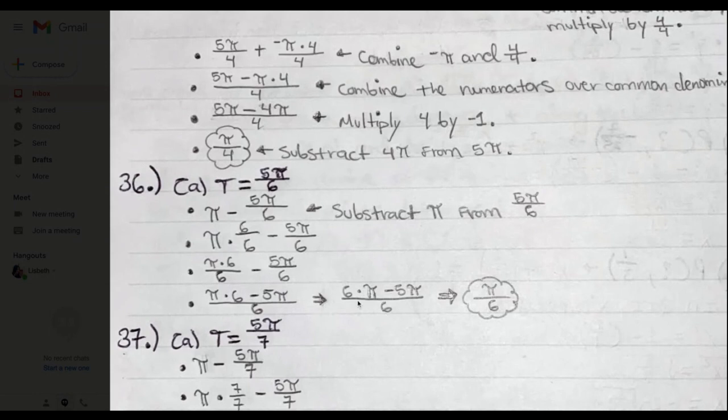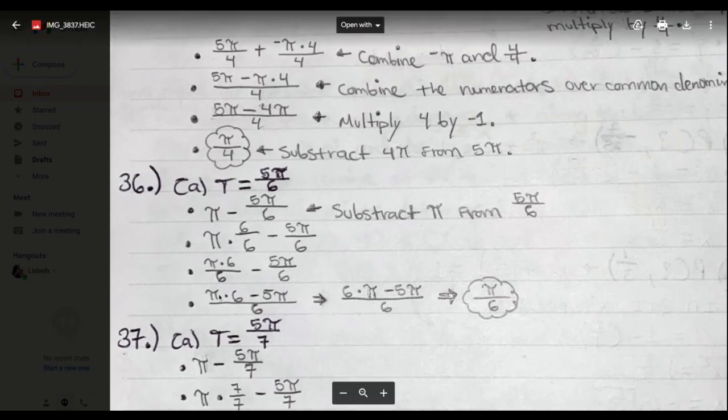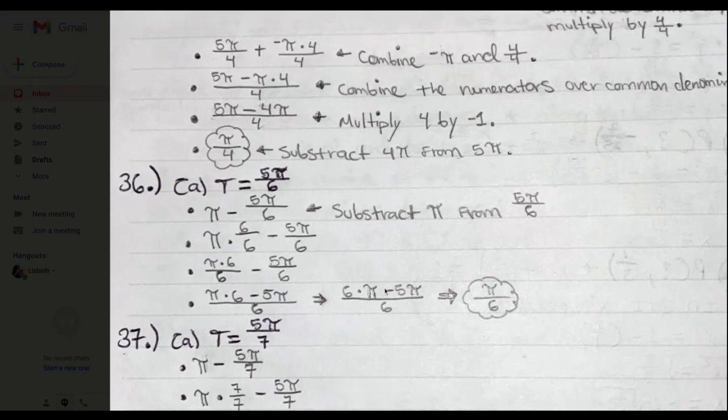So I move the 6 to the front, so it is 6 multiplied by pi minus 5 pi. And then I subtract 5 pi from 6 pi, because if we multiply this together, it becomes 6 pi, and then this is 5 pi. So we just subtract.